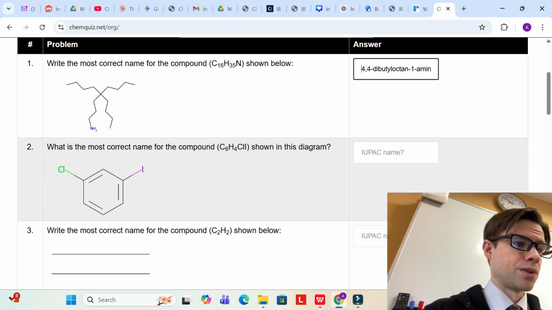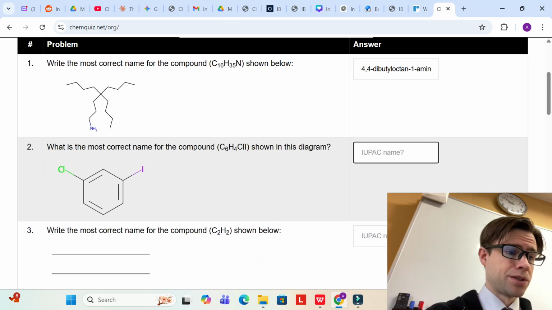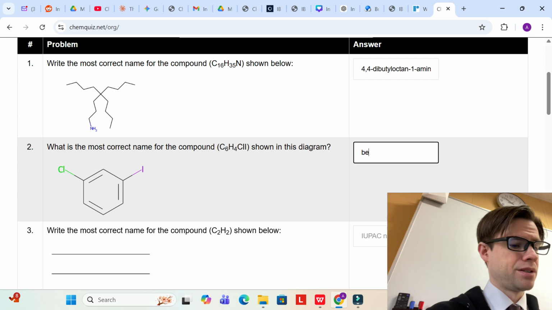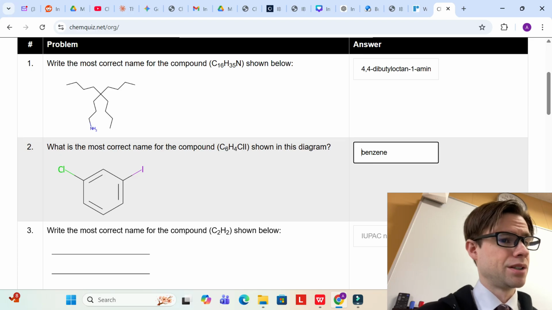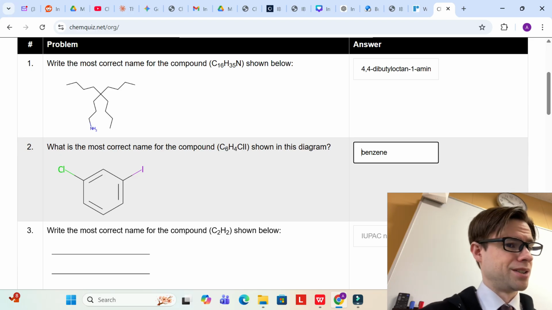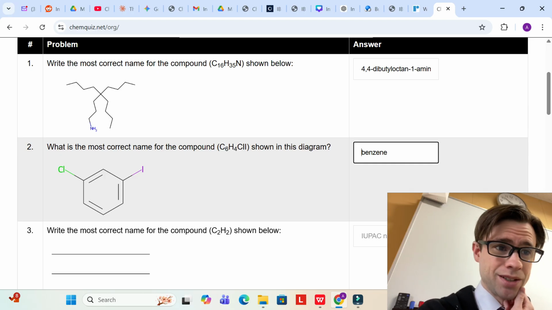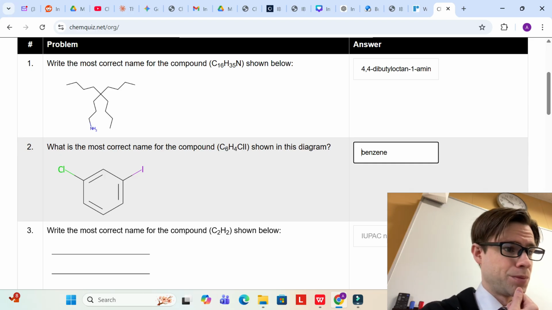Okay, number 2, correct name for this. This is just a benzene ring, so the benzene name for arenes is the base. Now, what has more priority, iodine or chlorine for being number 1? This is sort of a rule that I didn't discuss, but generally I think the higher molecular weight things would be number 1.